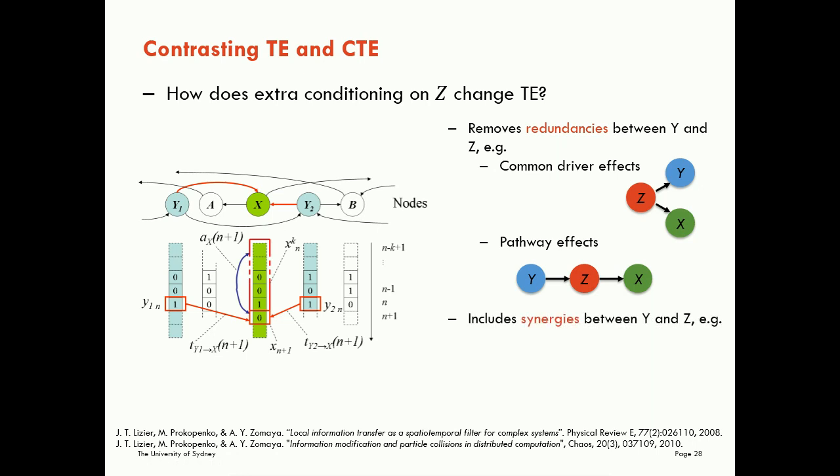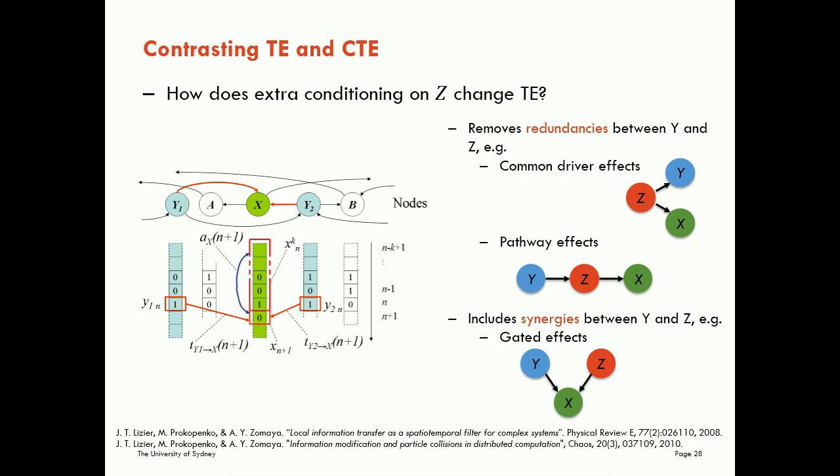Of course, we could include synergies between Y and Z, as we know the conditional mutual information can do. Here, for example, this could include some kind of gated effect, like an exclusive OR function between Y and Z having an outcome on X. We may only detect that if we're conditioning on the other variable Z here.